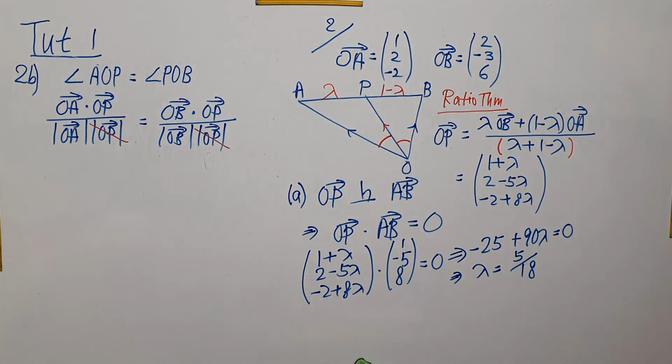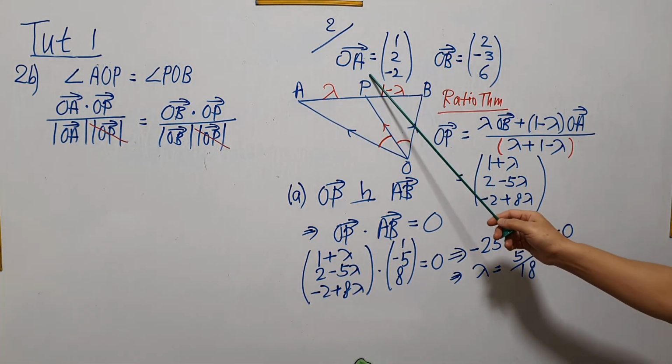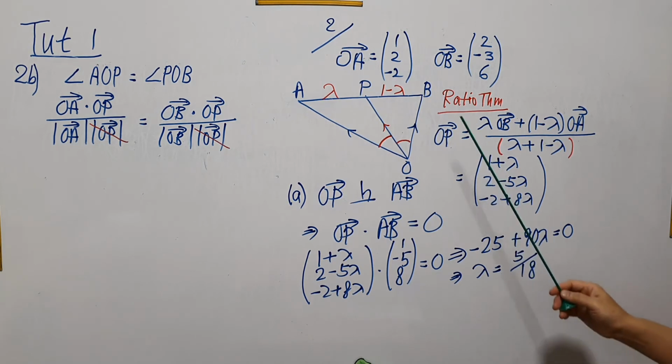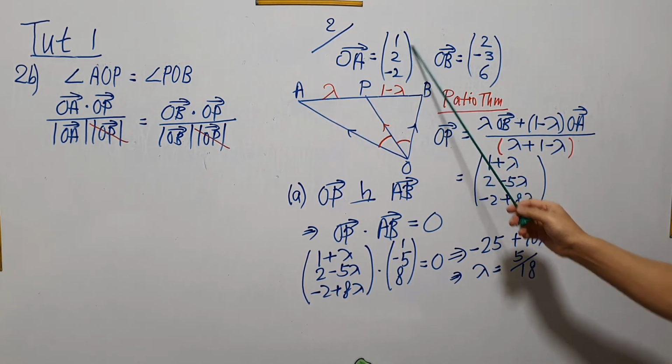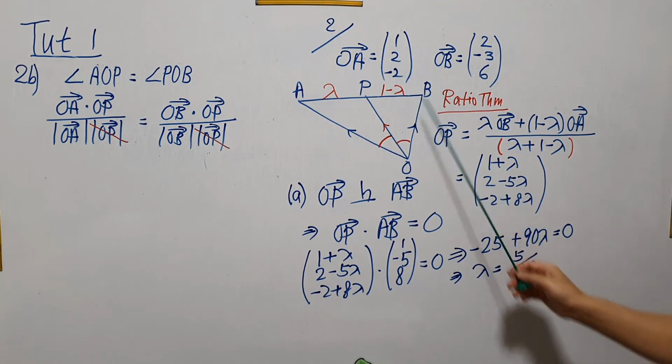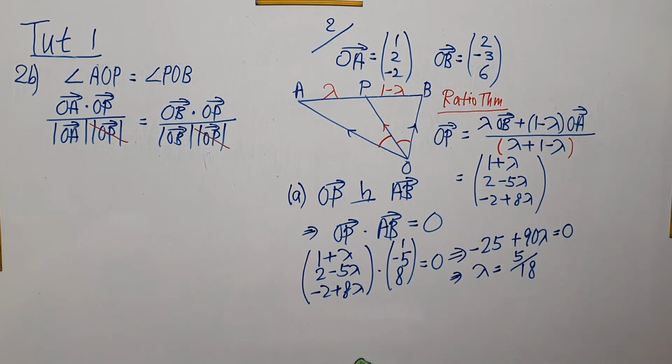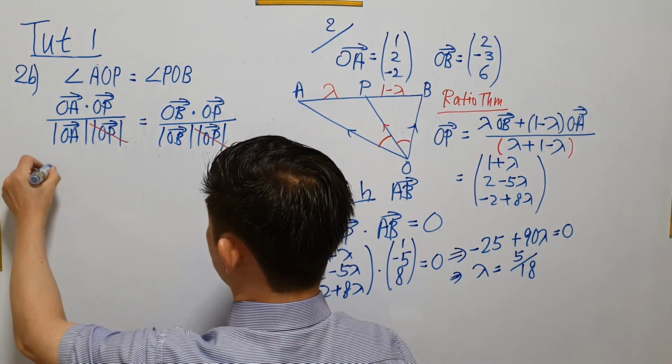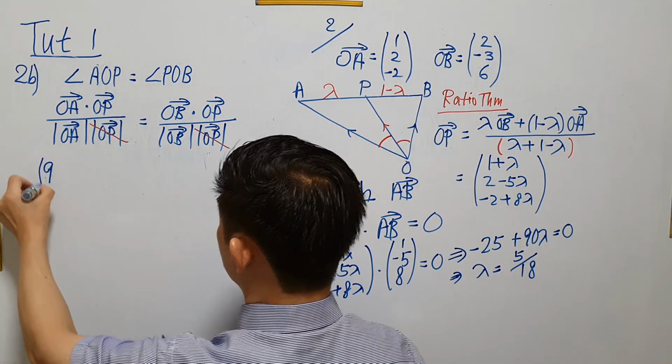So let's do the dot product of OA with OP. Again, I deal with the numbers first. 1 plus 4 plus 4, so it's 9. That gives me 9 for the first number.